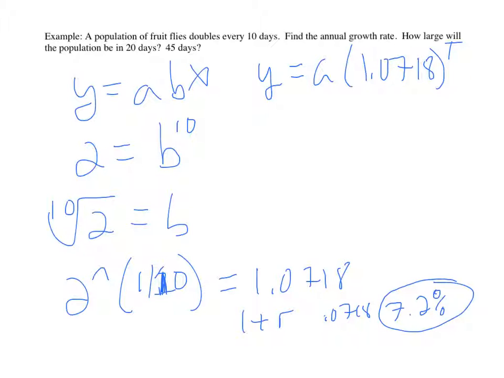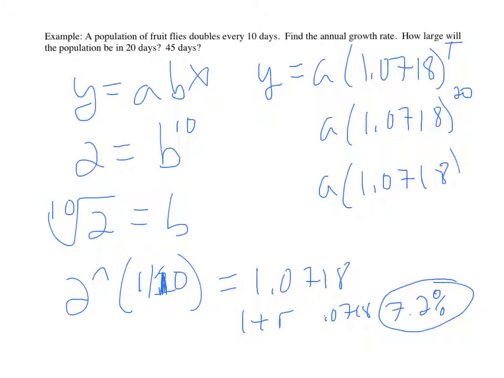Well, for 20 days, I'm going to say a times 1.0718 to the 20. And for the 45, I'm going to say a times 1.0718 to the 45. And those should be the two answers. It'll be in terms of a.